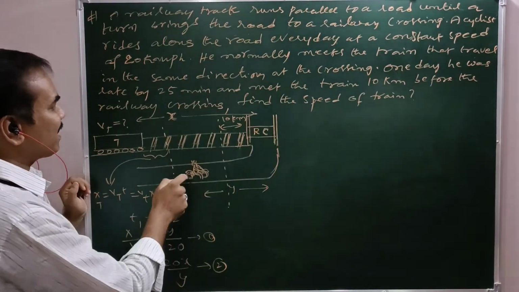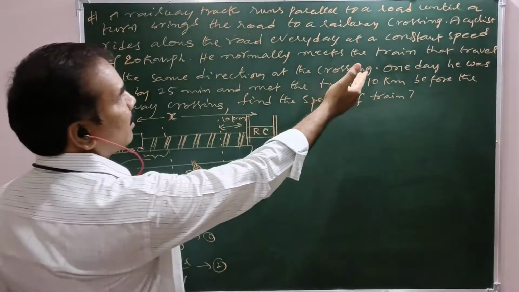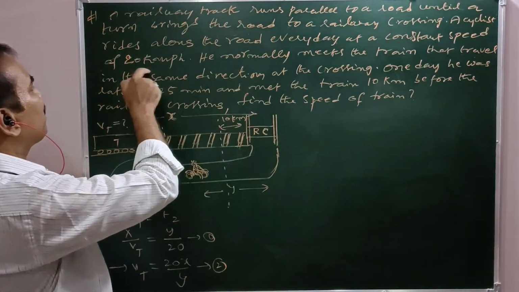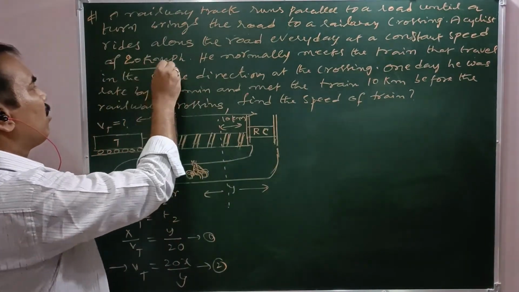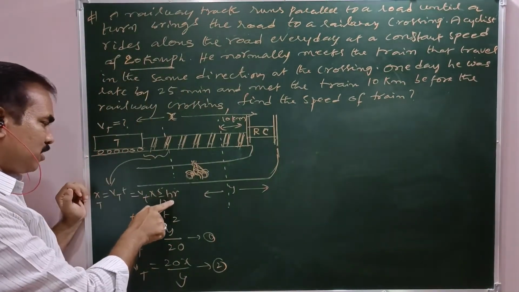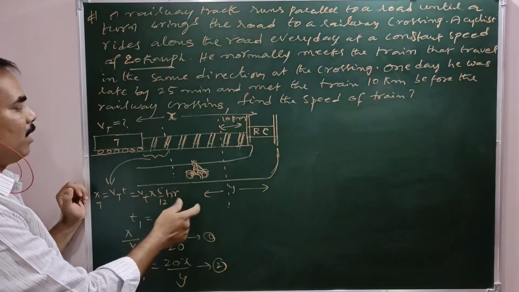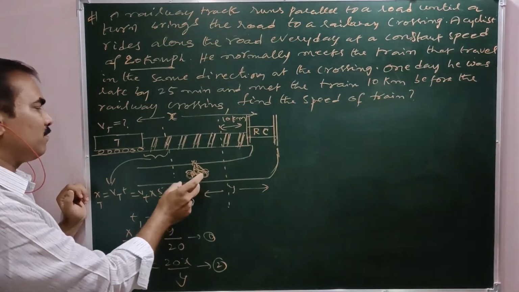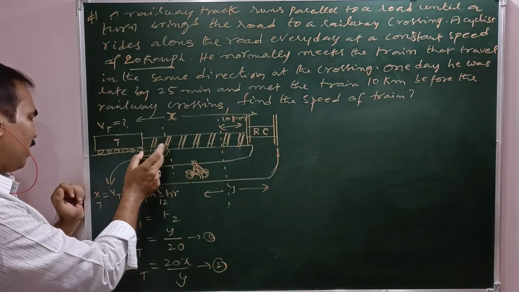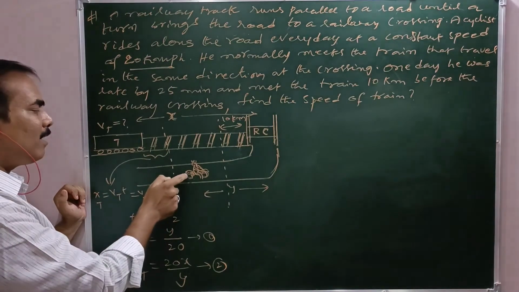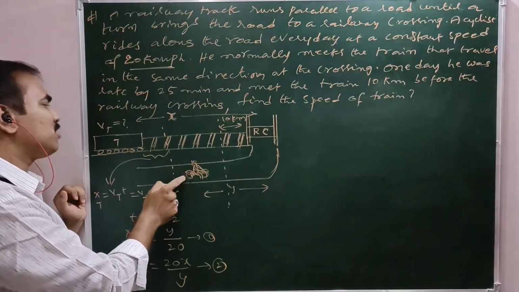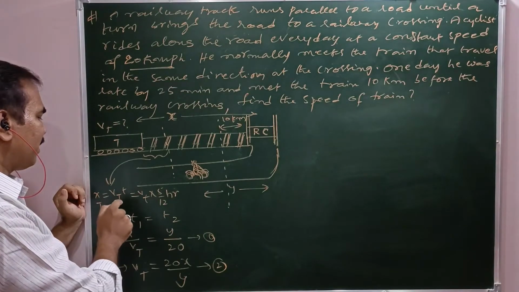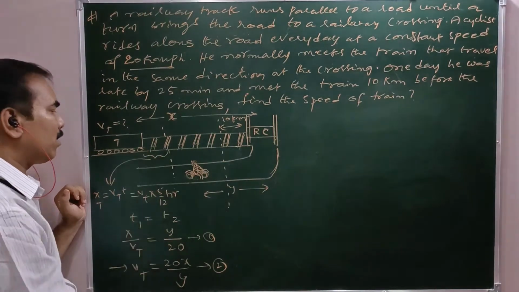Why? Because the speed of the cyclist is given in kilometer per hour, so time also is to be taken in hours. So when he was late by 25 minutes, the distance covered by the train when he starts his motion is given by xt equal to Vt into t, that is Vt into 5 by 12 hour.